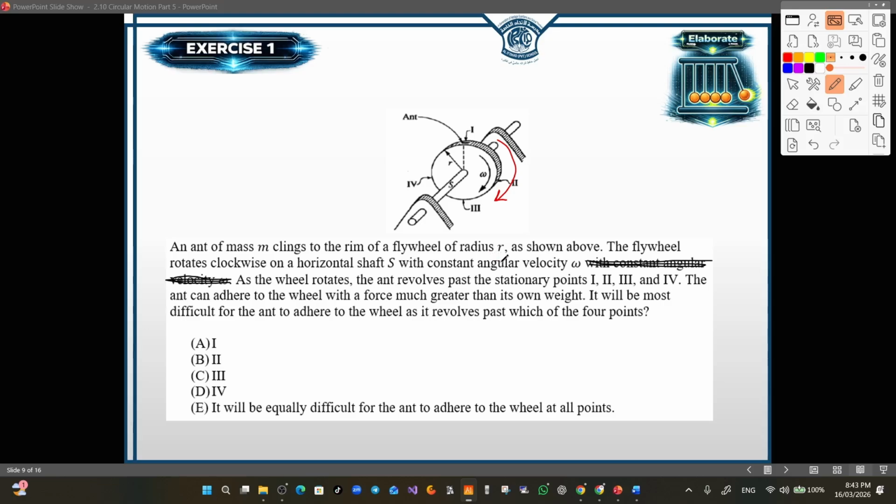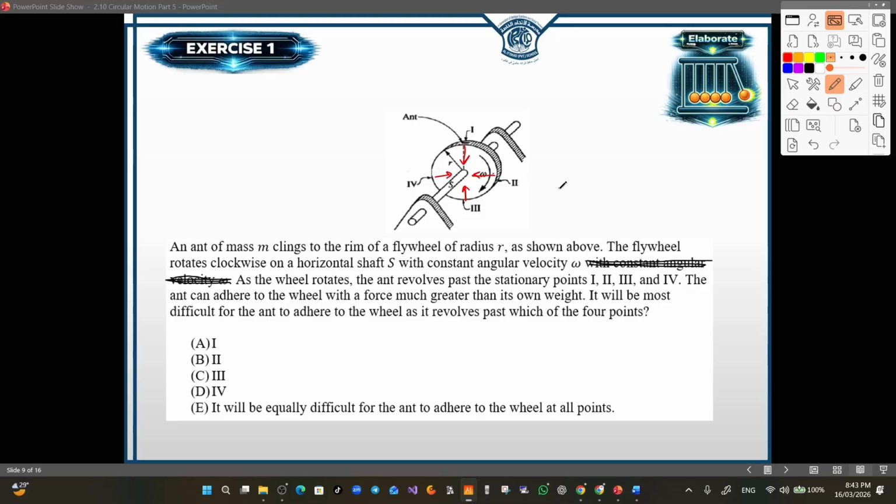specifically, the net force required for circular motion. As the ant moves with the wheel, it is traveling in a circular path. That means at every point on the wheel, the ant must have a centripetal force directed toward the center of the wheel.